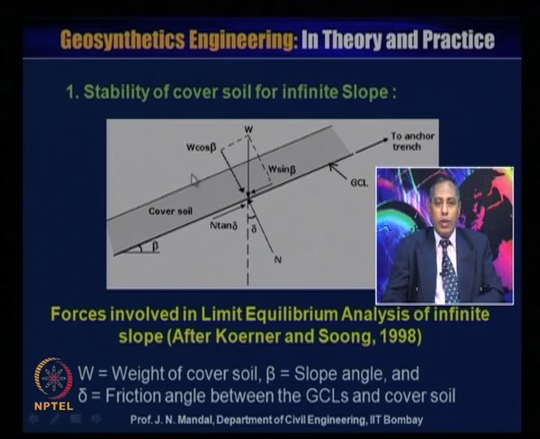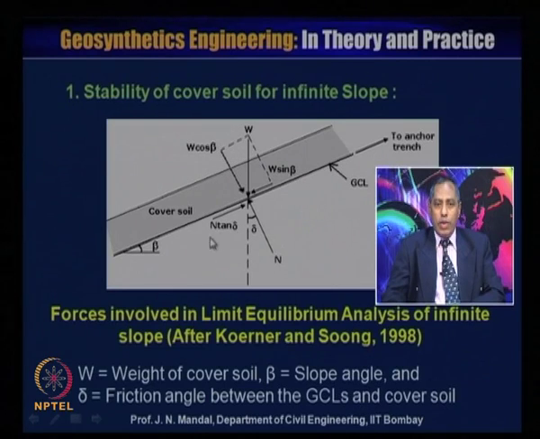The cover soil has a thickness, and this is the geosynthetic clay liner or geomembrane, with an anchor trench. W has a component along the slope, W sin beta, and a perpendicular component, W cos beta, and N is the normal force acting on the GCL.